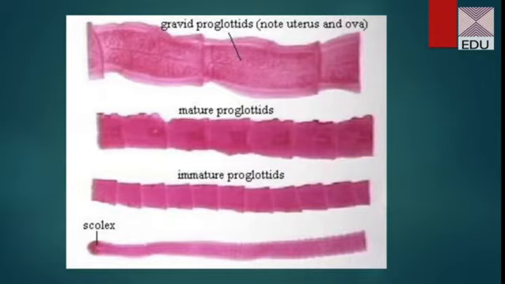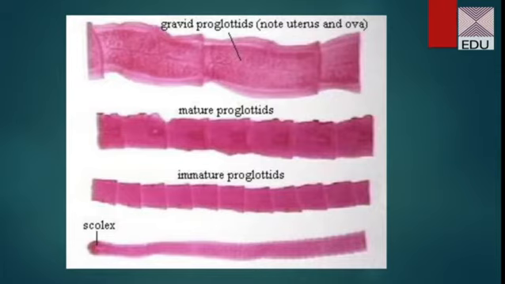They are only nourishing, taking nourishment from the body of the host simply by diffusion. So there is no mouth as such in TAENIA. That's why the immatures take in nutrition from the host and grow, and they become the mature proglottids in time. So now we are concerned with the mature ones and the gravid ones.